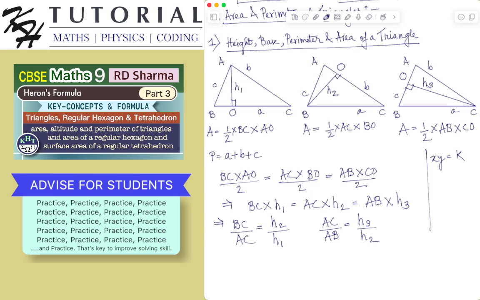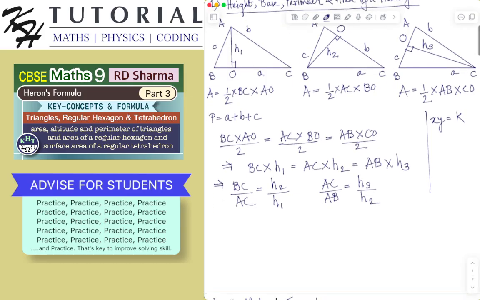Using it, we can find the area of a triangle that is not of any special kind: not an equilateral triangle, not a right angle triangle. Basically it's a scalene triangle. We know the length of all the sides. How do we find its area?